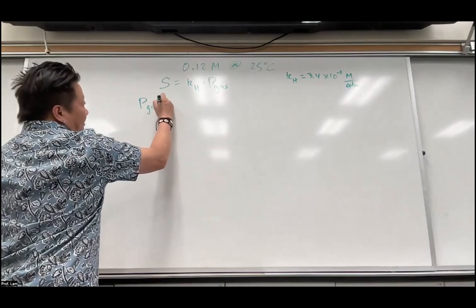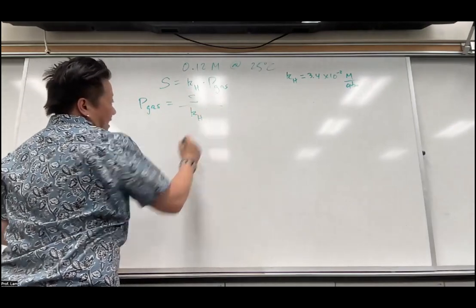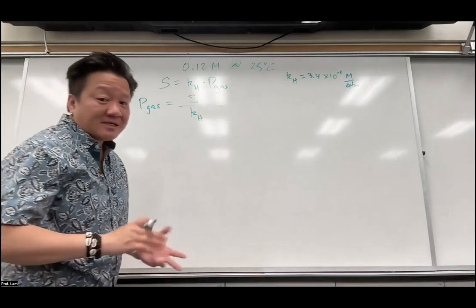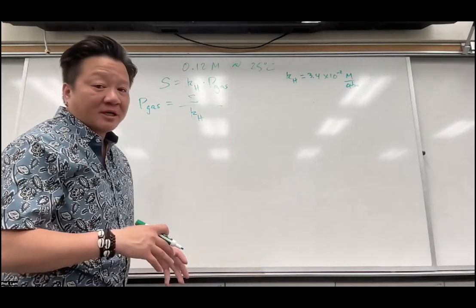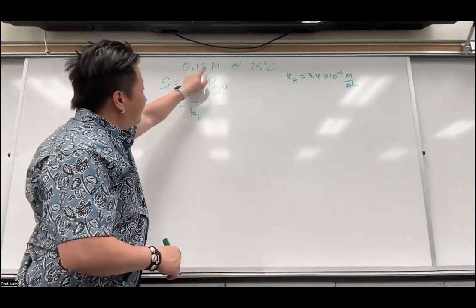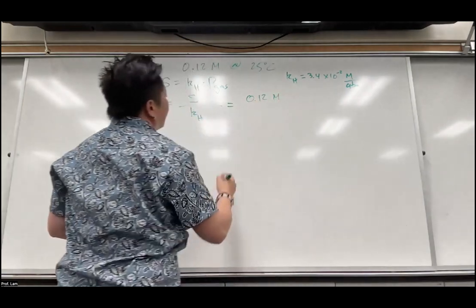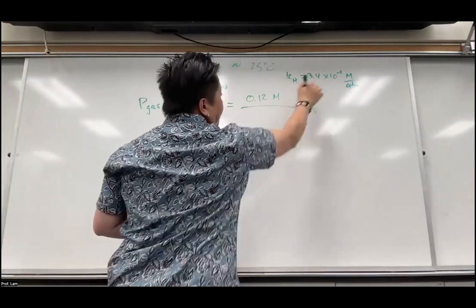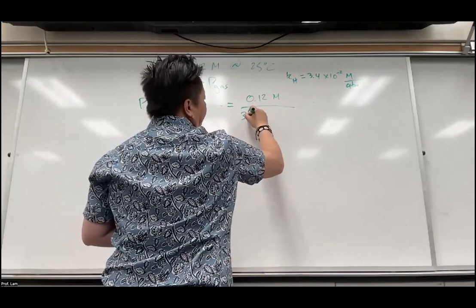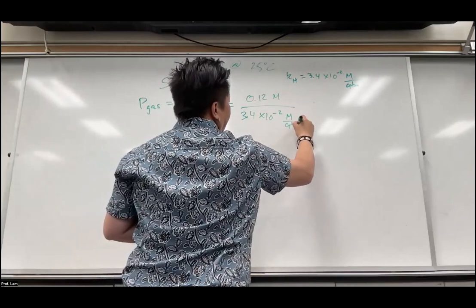Just do a little algebra here, right? P gas is equal to the solubility over Kh. And solubility, unless it's stated otherwise, guys, is always going to be in molarity, remember, which is moles over liter. So that's already given to us. So we'll just go 0.12 molar, divided by Kh for CO2. Just grab that number, right? 3.4 times 10 to the minus 2 molar per ATM.